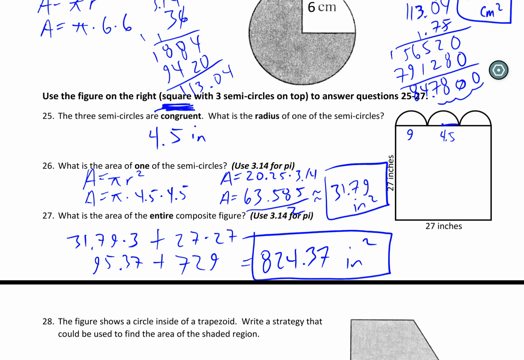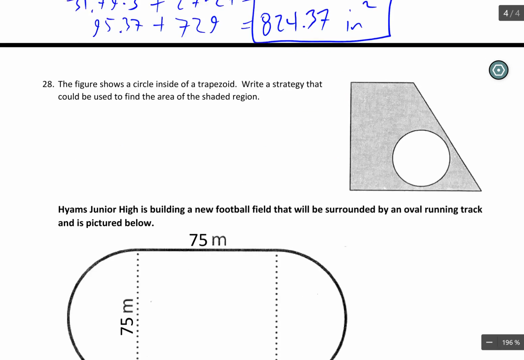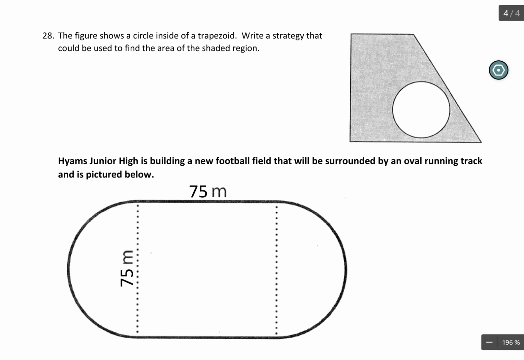All right, next, number 28. The figure shows a circle inside of a trapezoid. Write a strategy that can be used to find the area of the shaded region. Well, what I need to do is find the area of the trapezoid. The area of my trapezoid is going to be the entire area here if it was all shaded.